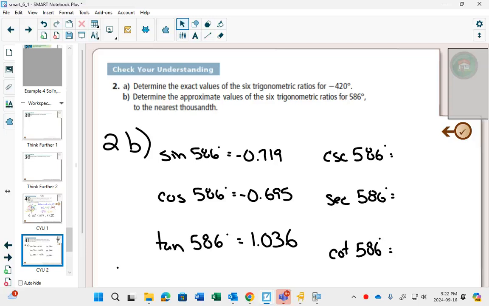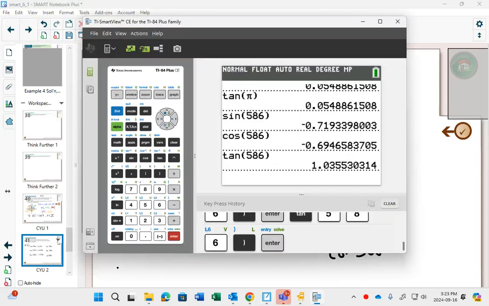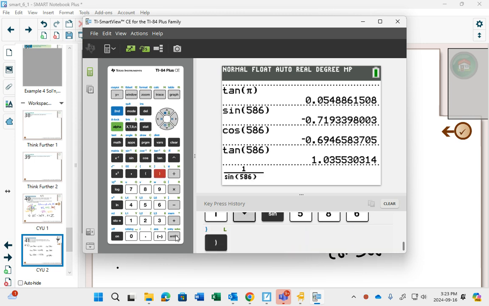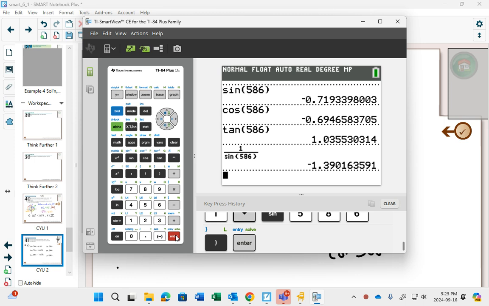Okay, now the problem with our calculators is almost no scientific calculators have a cosecant button. What's the definition of cosecant theta? It is 1 over sine theta. So I would do 1 divided by sine of 586 and get my answer.